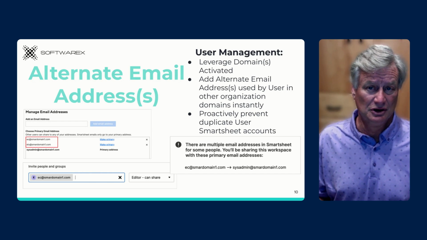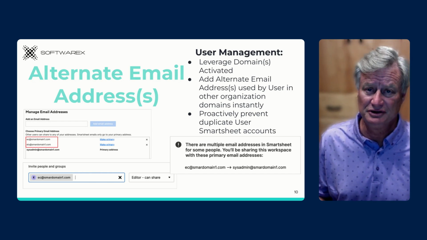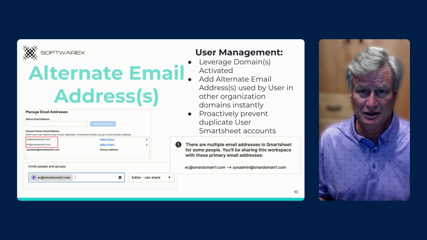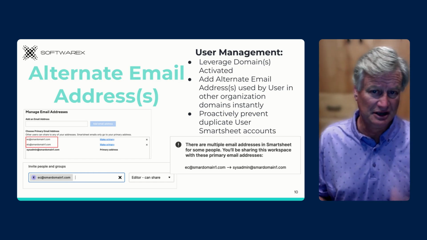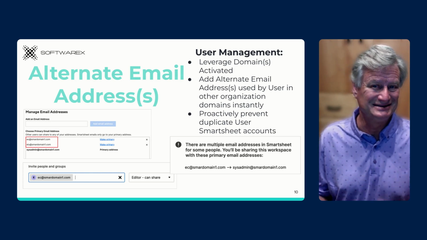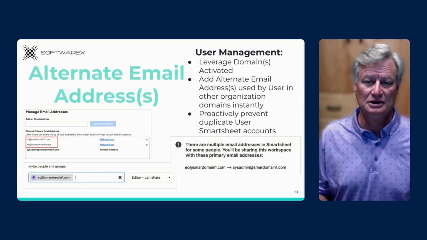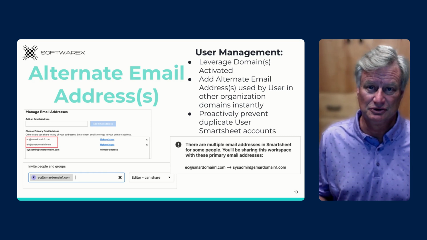This feature allows one or potentially multiple alternate email addresses to efficiently be added to that user's profile in Smartsheet. And every time someone attempts to share to one of those alternate email addresses, instead of that user having duplicate Smartsheet accounts, it will prevent that from happening. We've got a demonstration we're going to show you now.